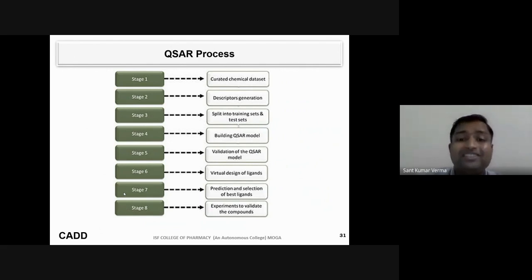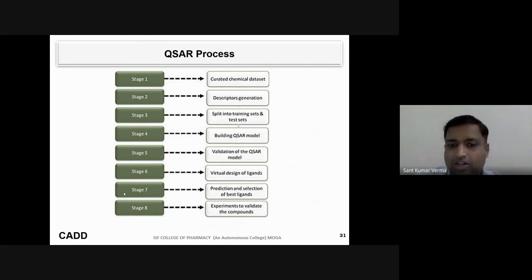Then divide this data set into test and training sets. The training set is called the internal set and the test set is called the external set. In the external set, we put representative molecules of the training set. It is for the external validation of the QSAR data set. We externally validate the QSAR model to check whether it is externally validated or not.